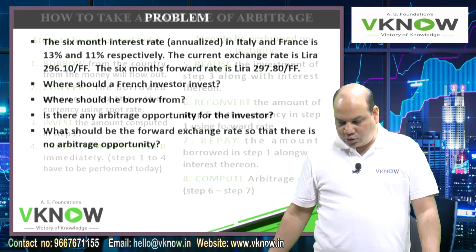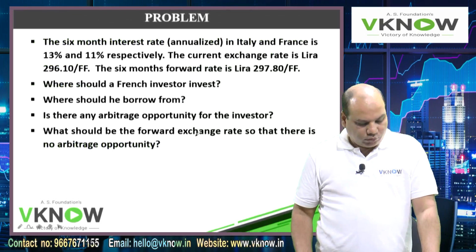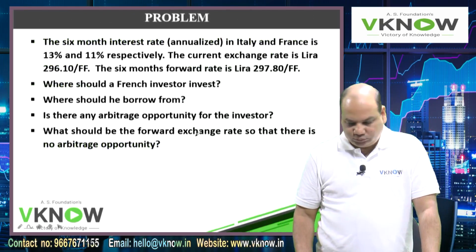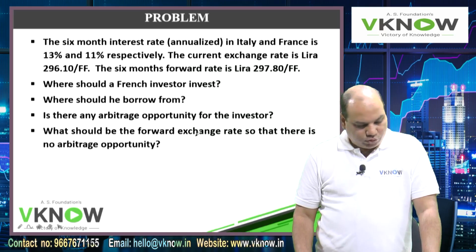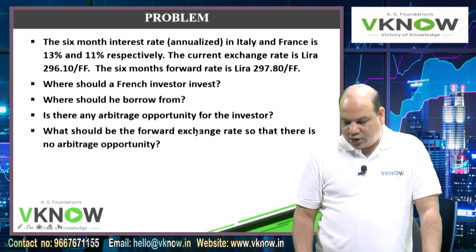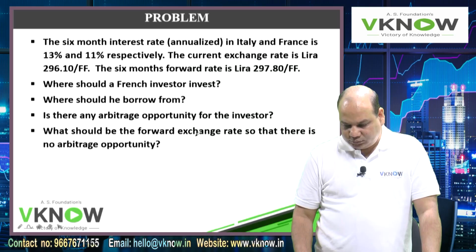Now we are going to solve question number 1. Come to question number 1, printed below. The 6-month interest rates, annualized, in Italy and France are 13% and 11% respectively.